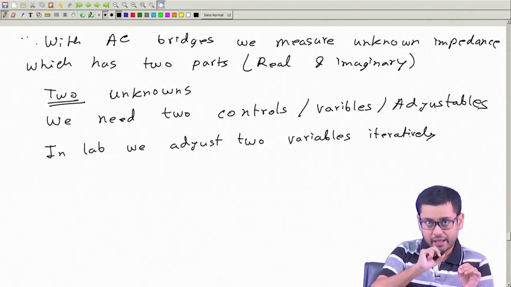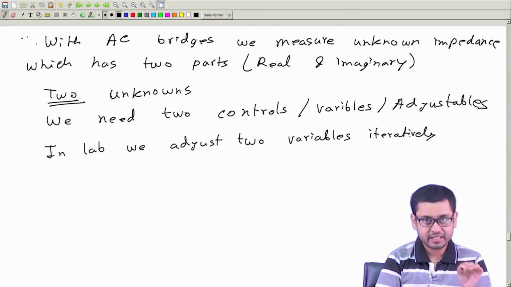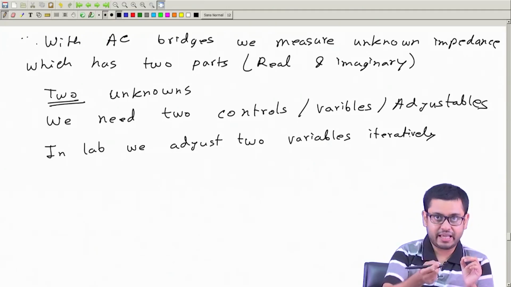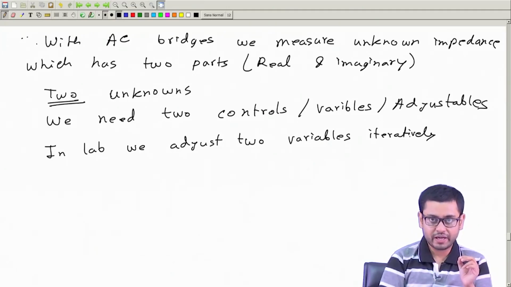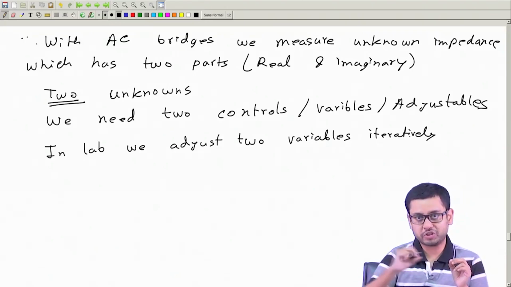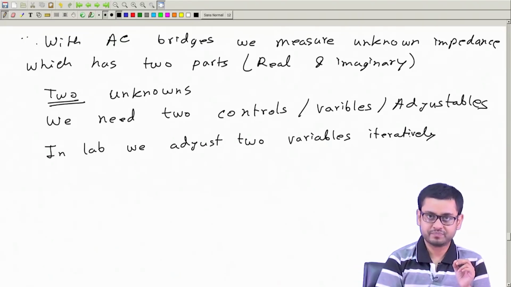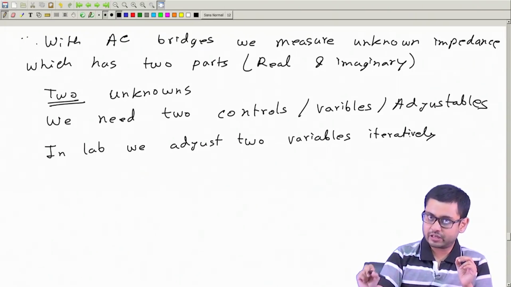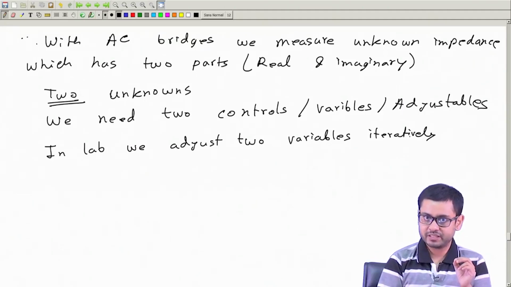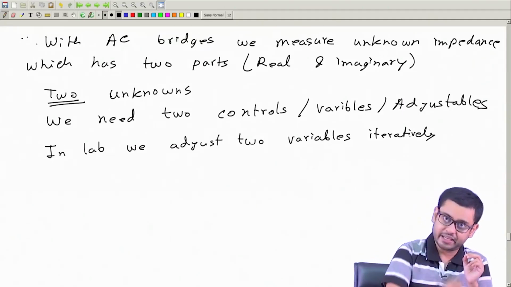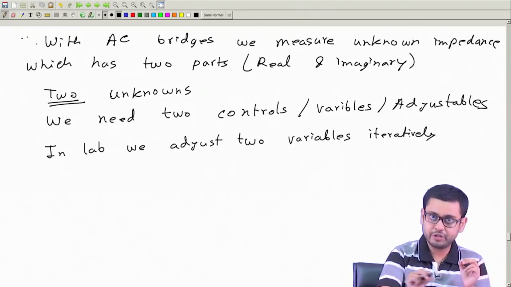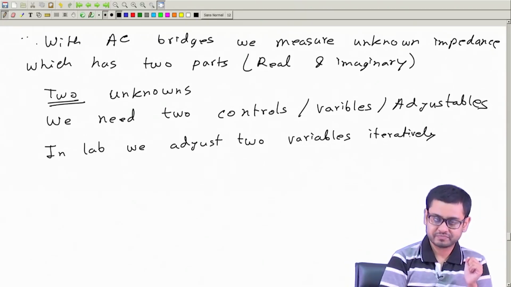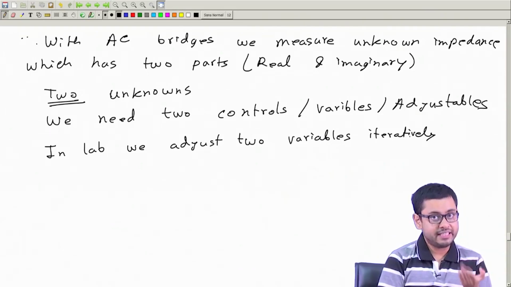Then when you reach the minimum deflection point, keep that resistance fixed, then change another thing like a capacitor. Then go as close as possible to the null condition and keep the capacitor fixed at that point, and then adjust the resistance again, reduce the deflection as much as possible, and then again change the capacitor.